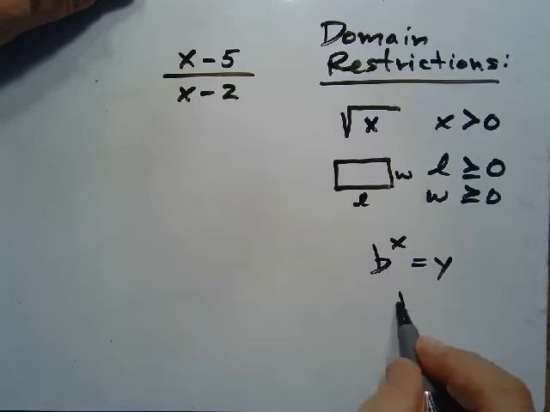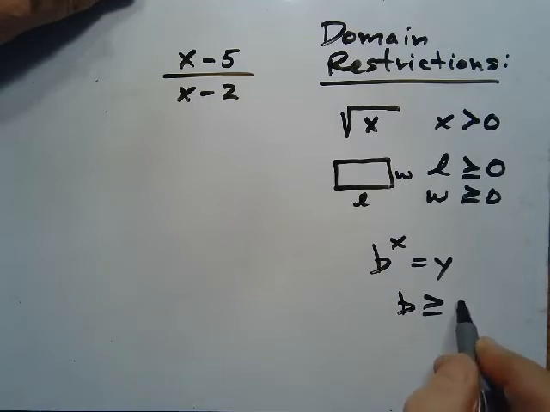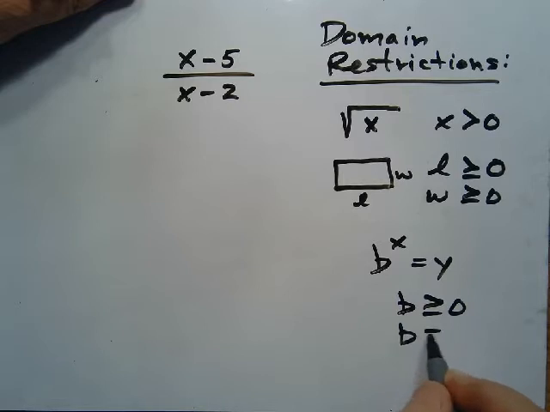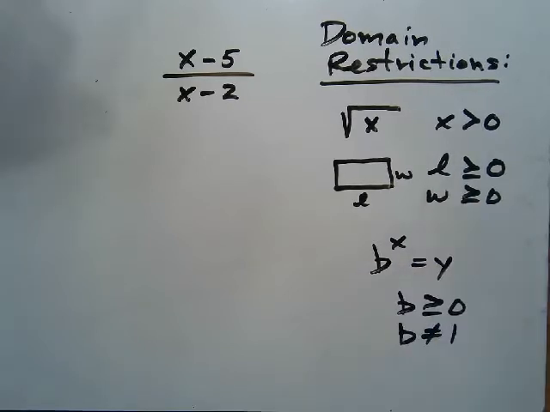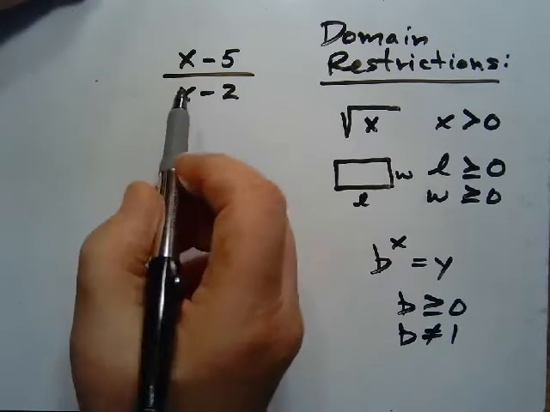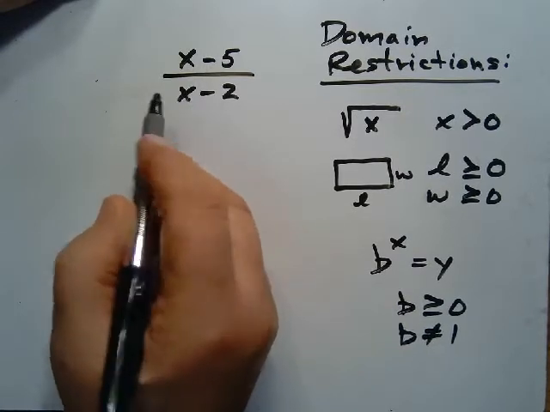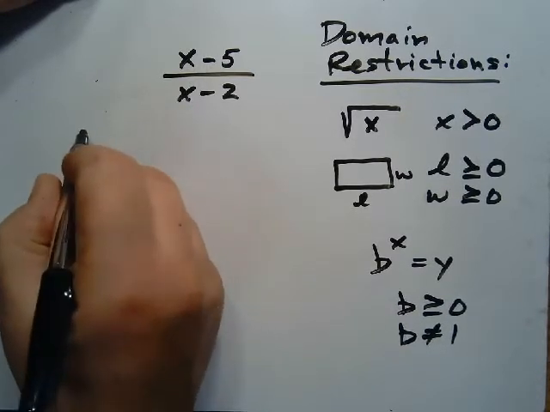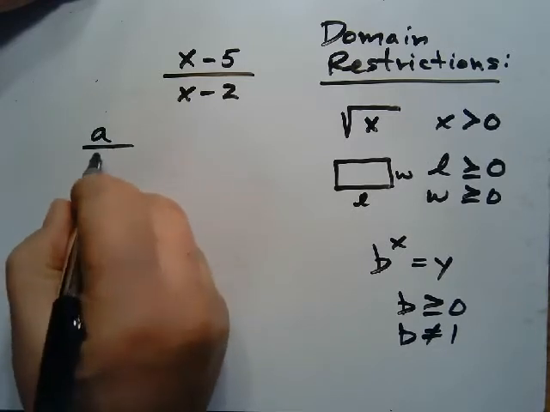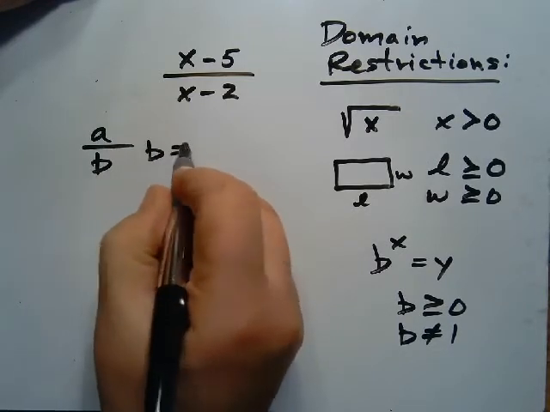We said that the base must be greater than or equal to 0, and the base cannot be equal to 1. So there have been restrictions all along on different things. The one we want to talk about today is the fact that in fractions, the denominator cannot be equal to 0. Remember, a over b, where b cannot be equal to 0.